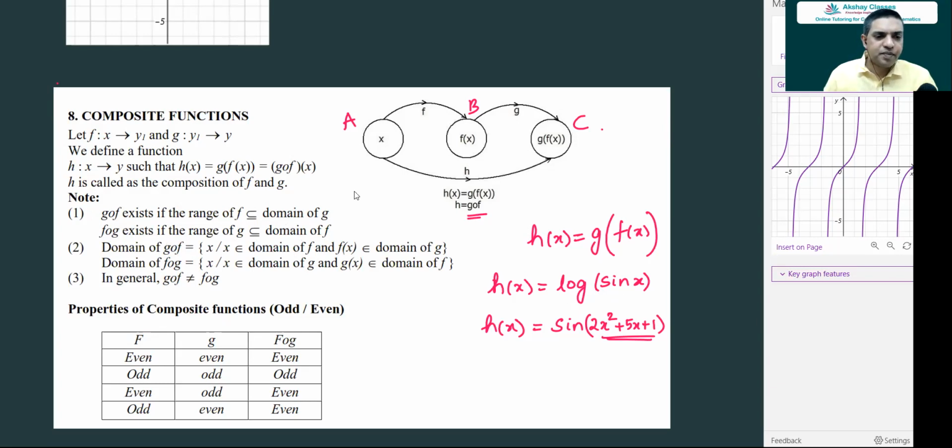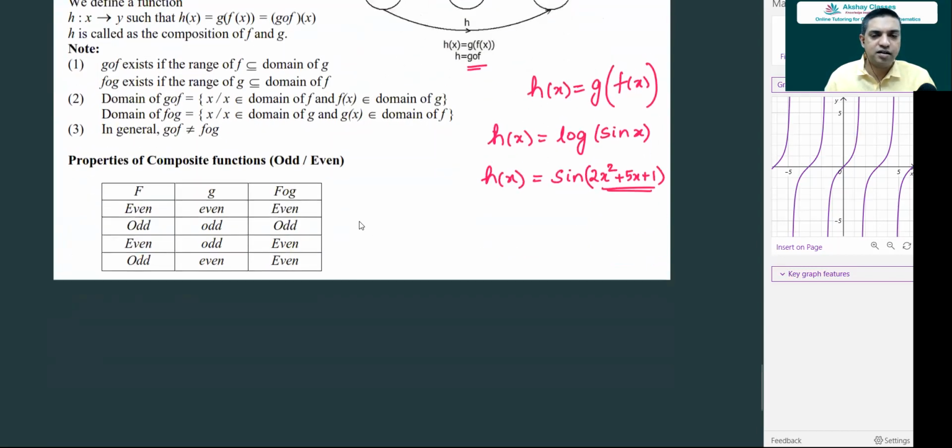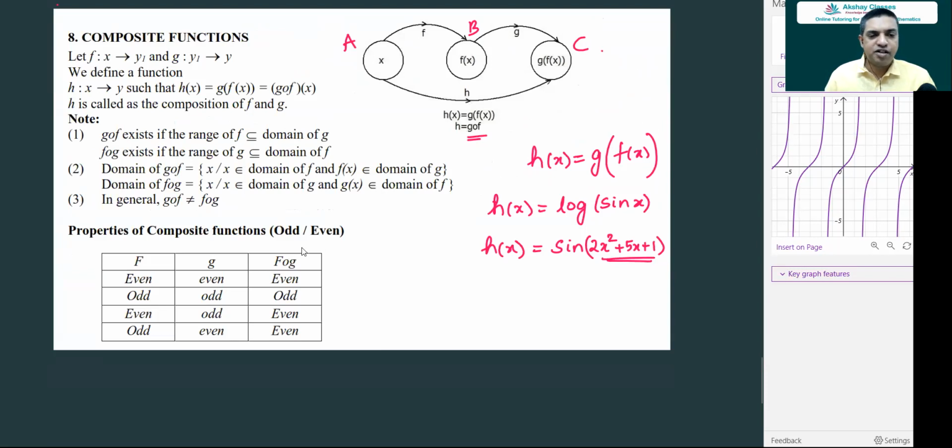Now, again, I'm not going into the domains calculation. I'm just giving this. Now, properties of composite functions with odd and even. This is again useful for us when we do integral calculus. If both the functions are even, the composite will be even. If both the functions are odd, composite will be odd.